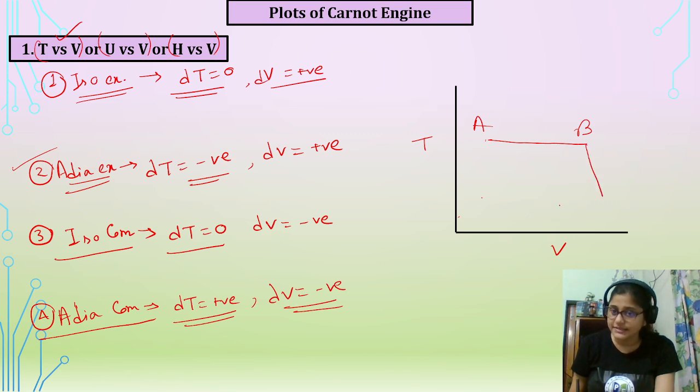So it will be like this. dV is positive here, see, and dT is negative. Temperature is decreasing, right? For the next step, we will see CD. What will happen? This one, dT is 0 again, dV is negative. dV negative means we have to go this way, and dT is now 0. So sorry, this will be again parallel to the x-axis.